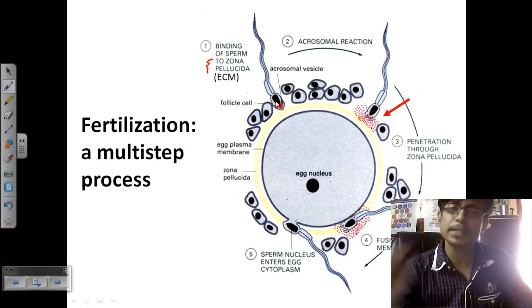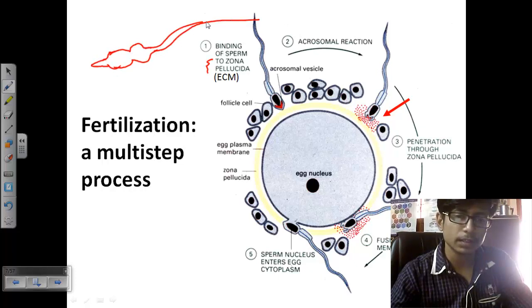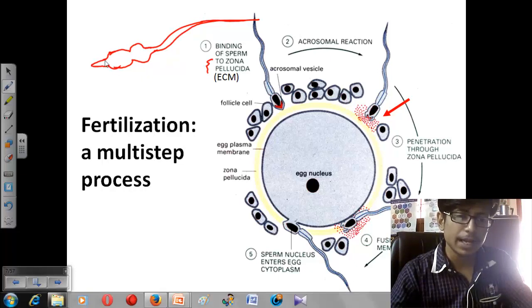And sperm has a specific structure. If you look at the sperm structure, it will look something like this, for example. I've drawn this structure because this is the nucleus and these are the specific regions.